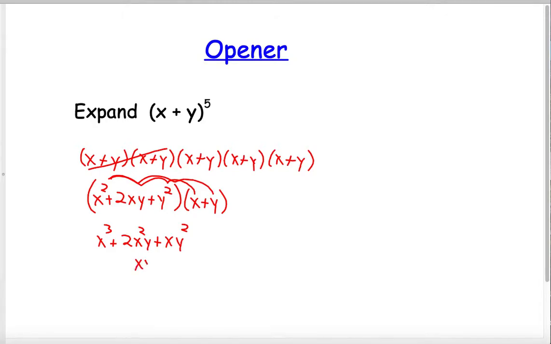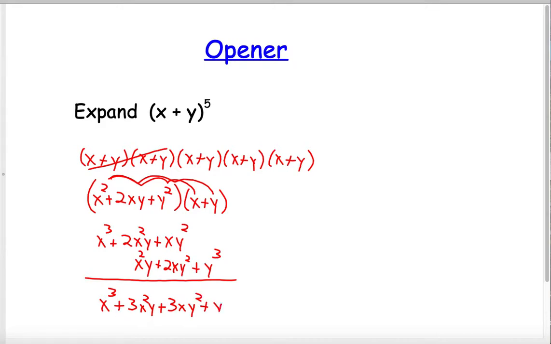I'm going to put it underneath this one, plus 2xy squared, just lining up the like terms, plus y cubed. Combine like terms, I have x to the third plus 3x squared y plus 3xy squared plus y to the third. Okay, that takes care of the first three.